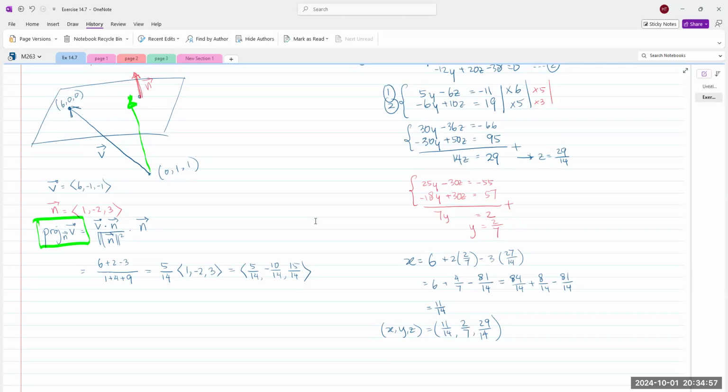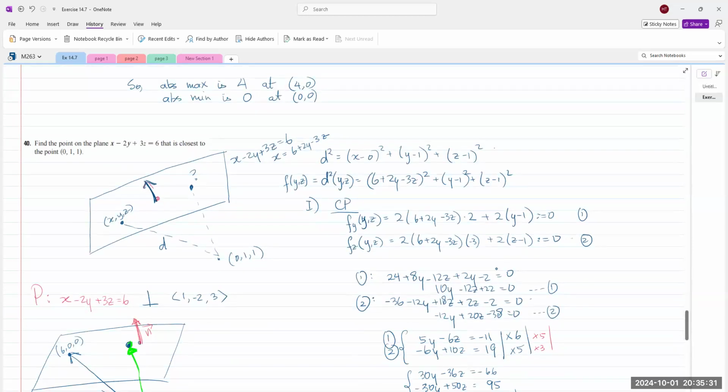Why don't I get what I want? It's different from these answers here. Did I make it incorrect? So the point that we want, call this the point on the plane that we want here. What do you want to call this point?